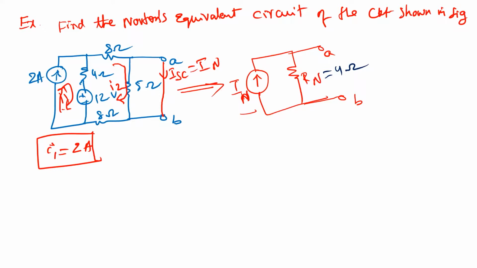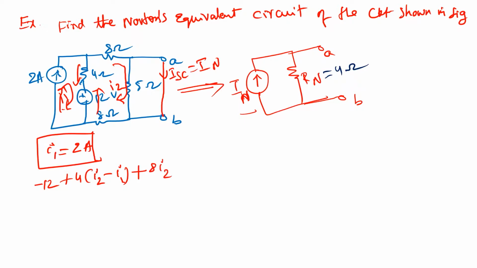Now in the second loop, when you apply KVL, so what happened? Minus 12. So current is flowing through the minus 12 terminal. So next to 4, then I2, at the same time I1 current is also flowing. So I'm going to put I1 here. Then this is 8 I2.